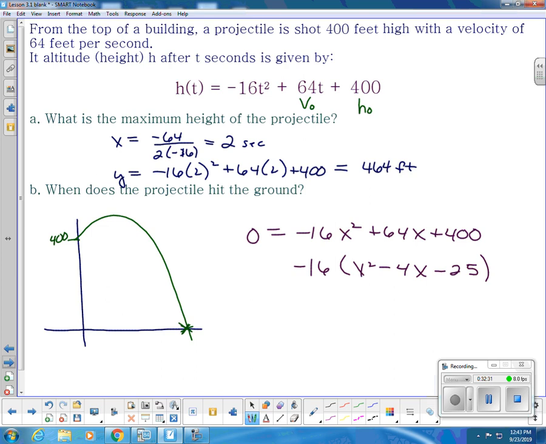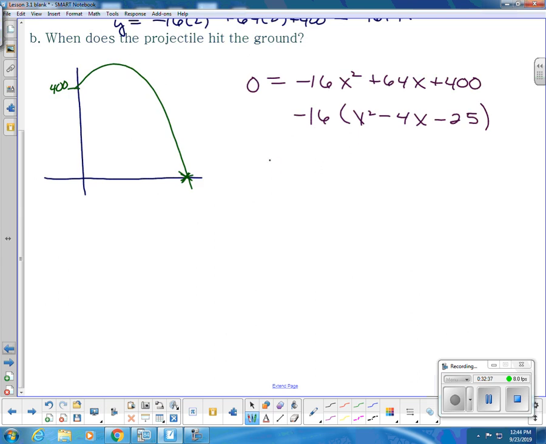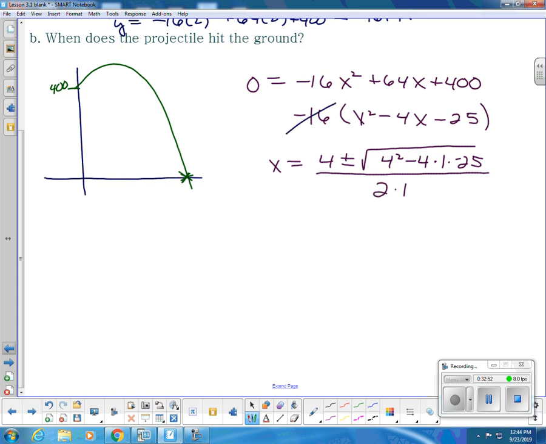So if I can't factor it, I need to solve it. What am I going to use? This is when you have to use the quadratic formula. Okay? So x equals the opposite of b plus or minus the square root of b squared minus 4 times a times c, all over 2a. The 16 does not matter. That was just a scale factor. It doesn't change the x-intercept. It's a vertical thing, right?